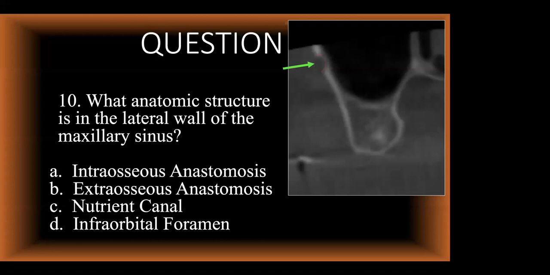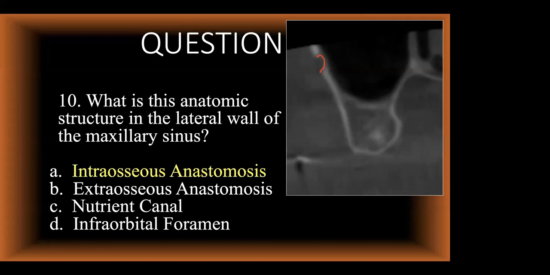Okay, the answer is A, intraosseous anastomosis. Now, why is that an intraosseous anastomosis? If we look at the other options, there is an extraosseous anastomosis, but that is in the soft tissue. This is within the bone, so intra within the bone anastomosis.